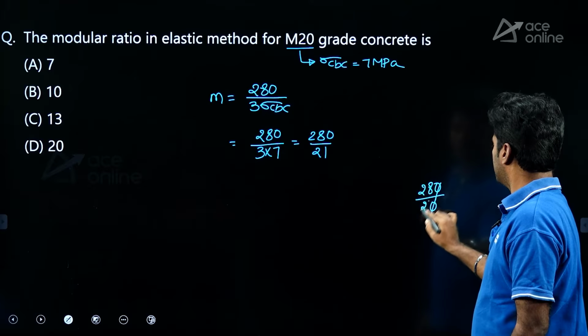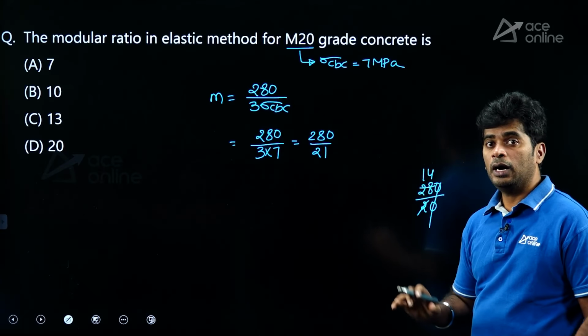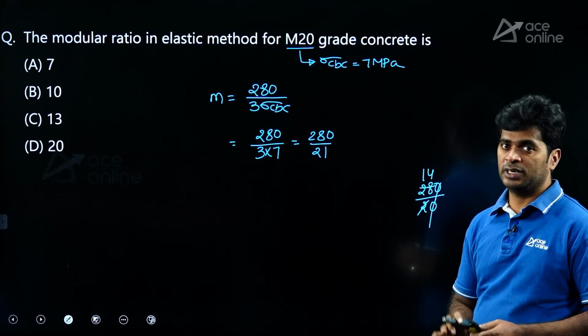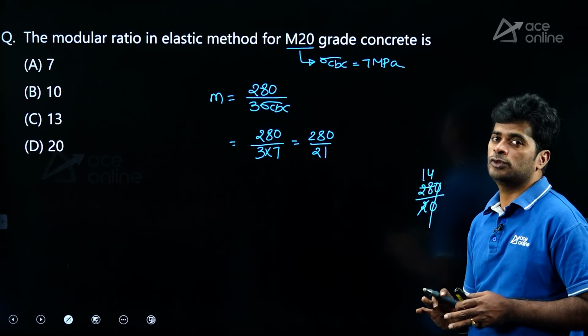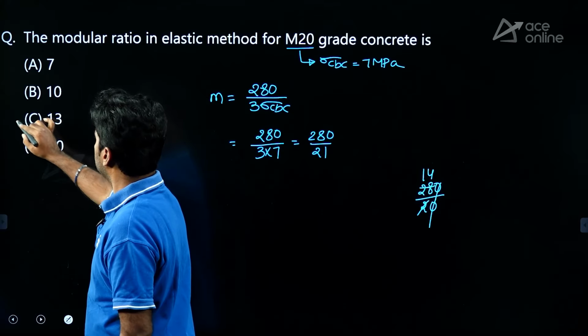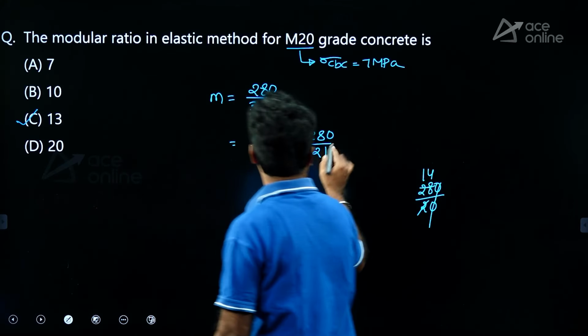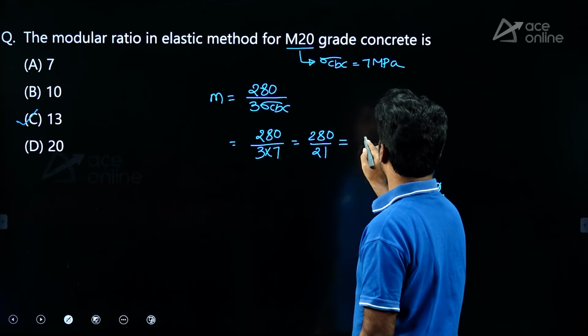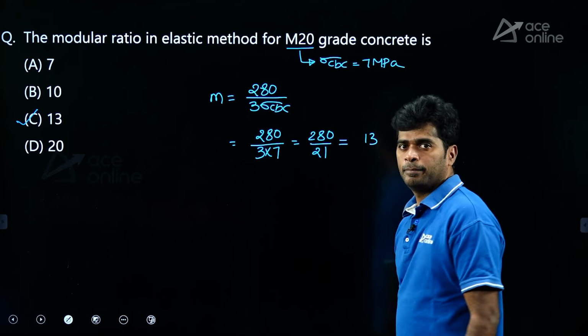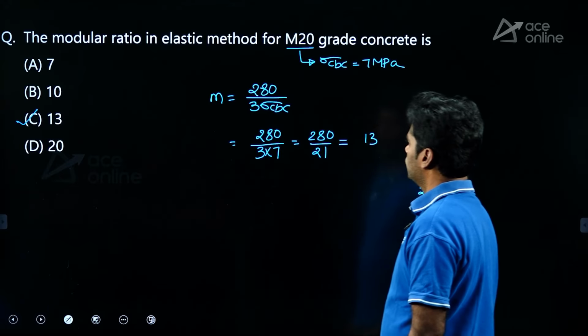The zeros get cancelled, 2 ones are 2, 2 fours are 8, 2 fourteens are 28. So the answer is very close to 14, not exactly 14, but less than 14. So only one option is very close to 14, that is option C. So this answer will be very close to 13. Okay, got it? Right. Go to the next question.